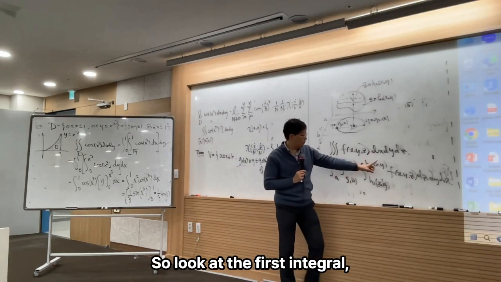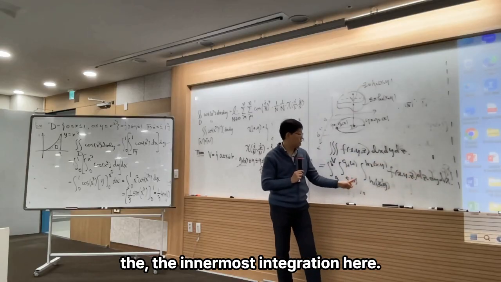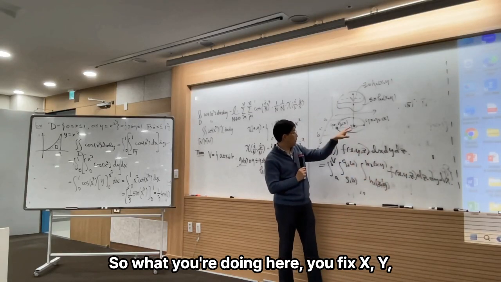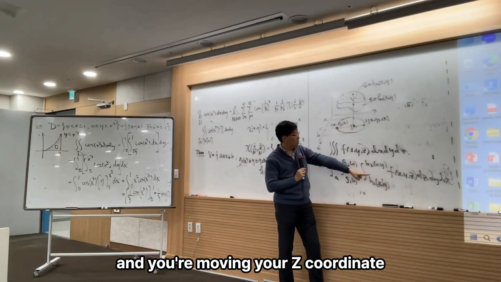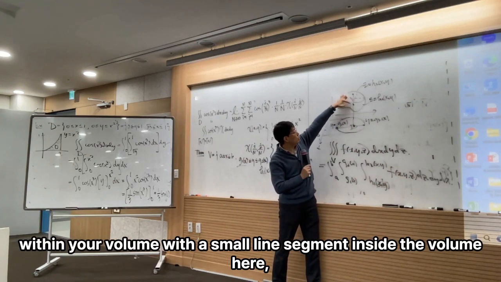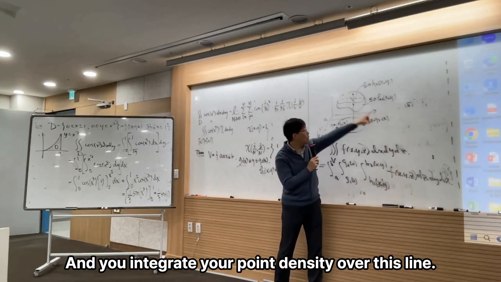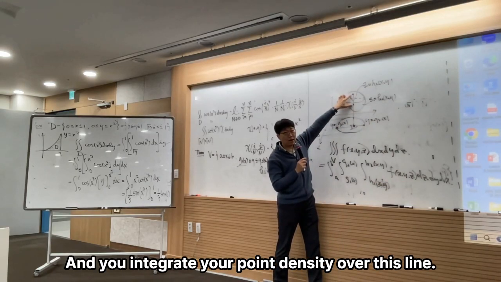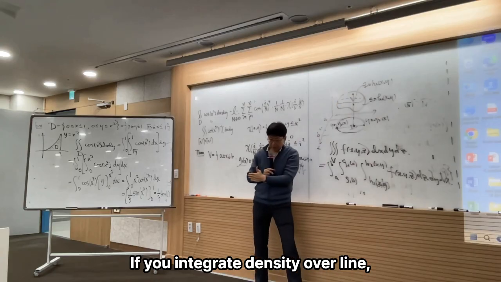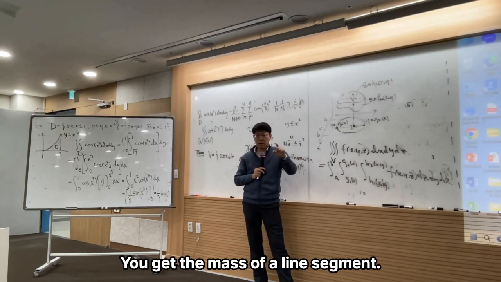So look at the first integral, the innermost integration here. What you're doing here, you fix x, y, and you're moving your z coordinate within your volume along a small line segment inside the volume, right above this point, and you integrate your point density over this line. If you integrate density over a line, what do you get? You get the mass of a line segment.